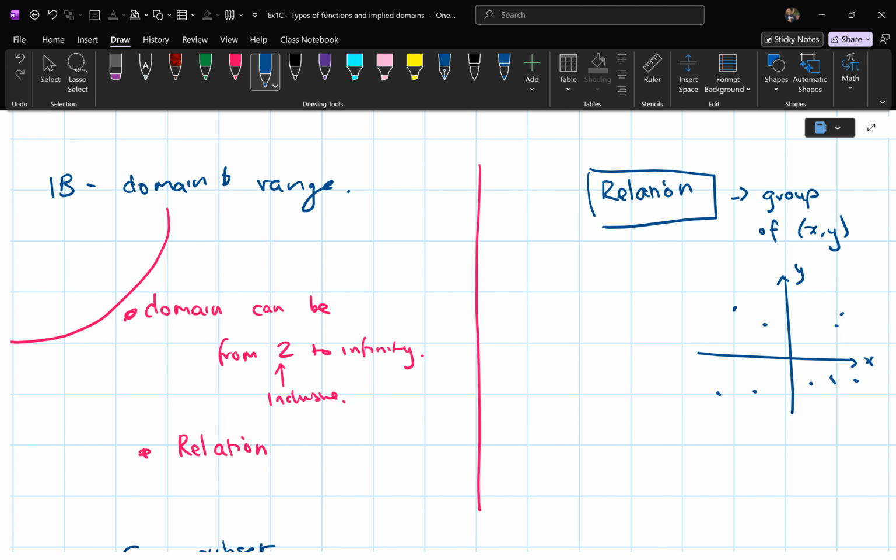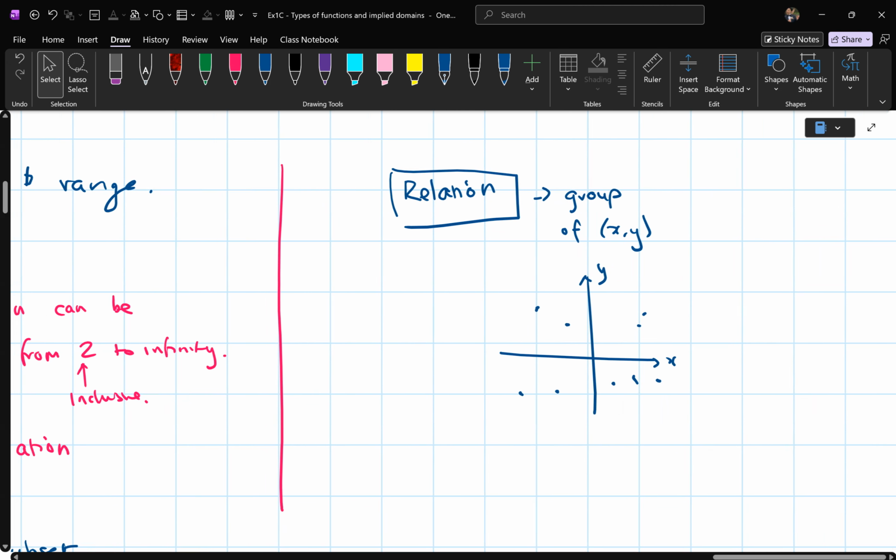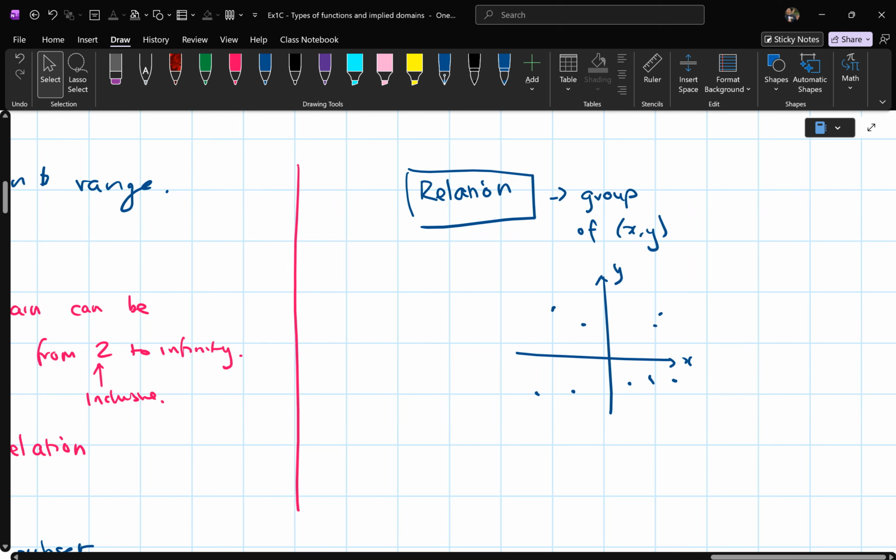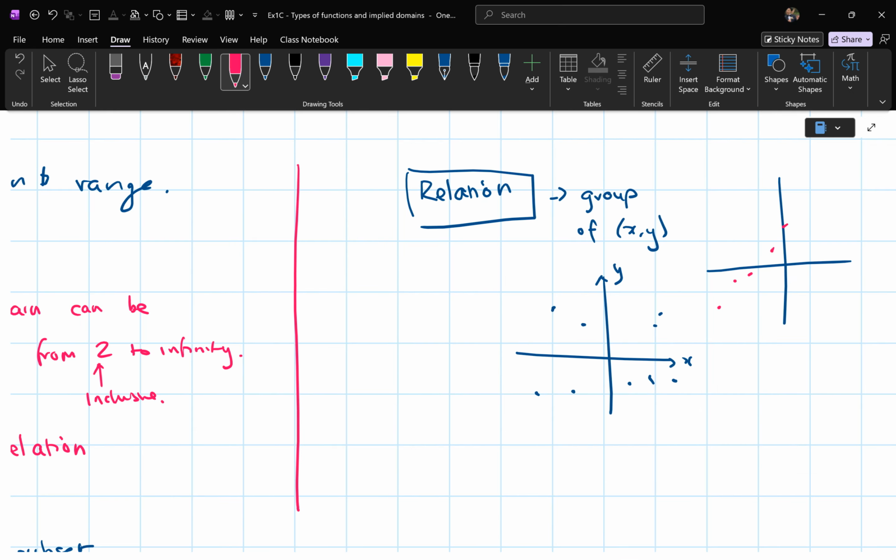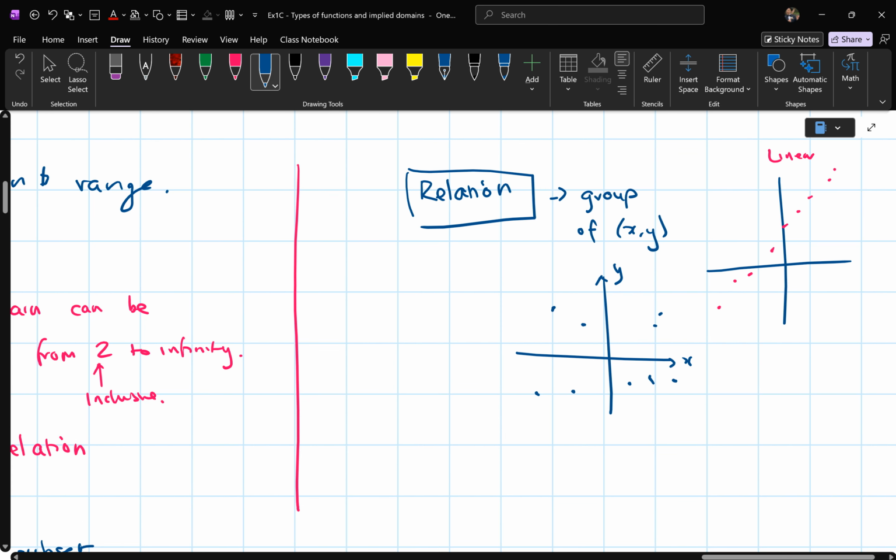But when you have a relation, so a bunch of coordinates that happen to follow a particular pattern, something like this one, then we say it's a linear function. So it's a relation, but this group of coordinates happen to follow something, and then we call it a function. So this is called linear function. And then you might have the graph of, say, something like this.